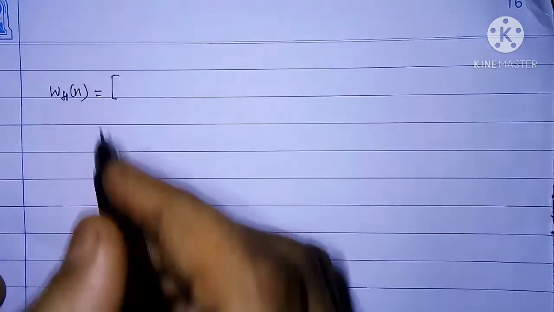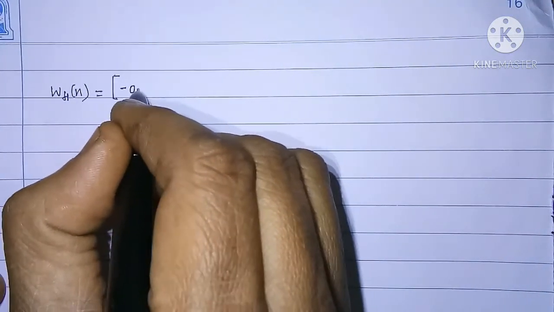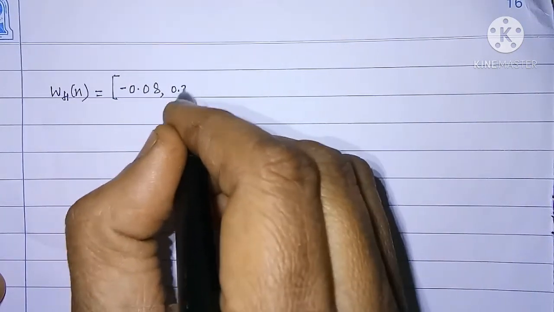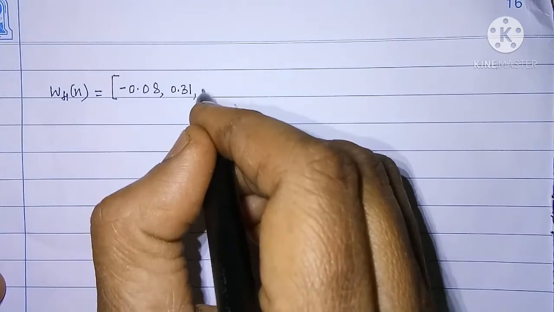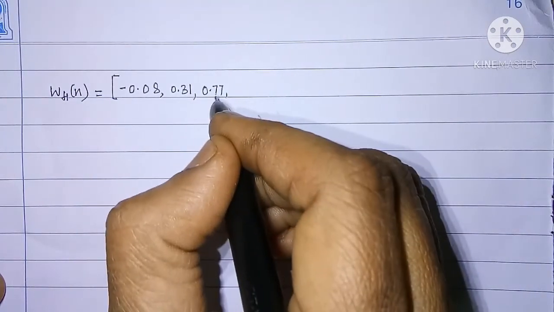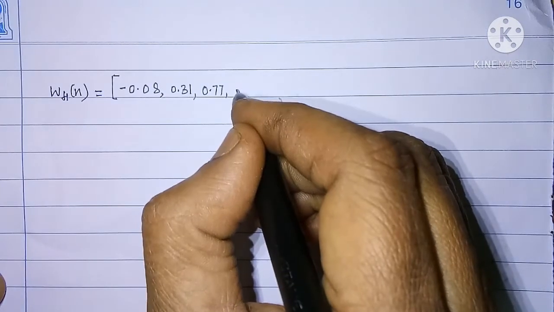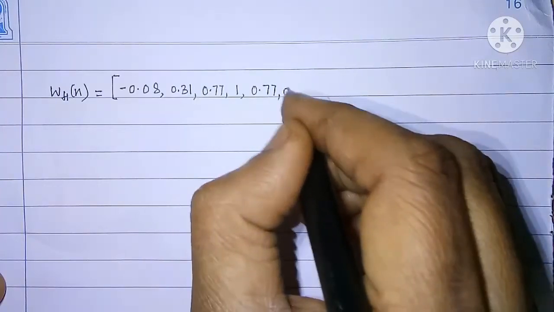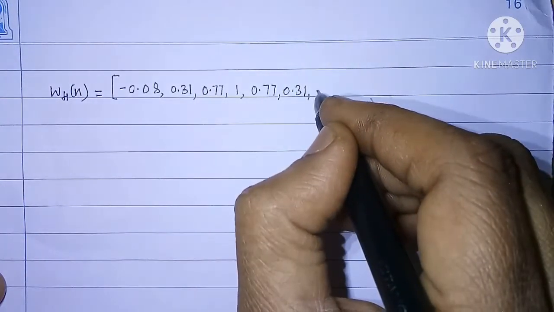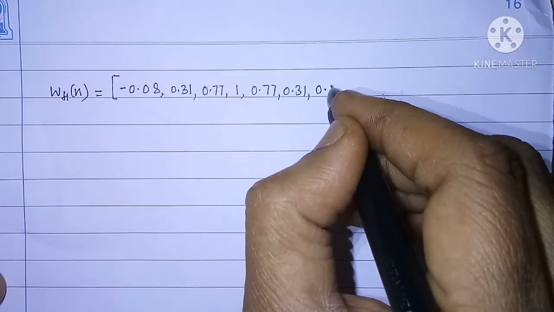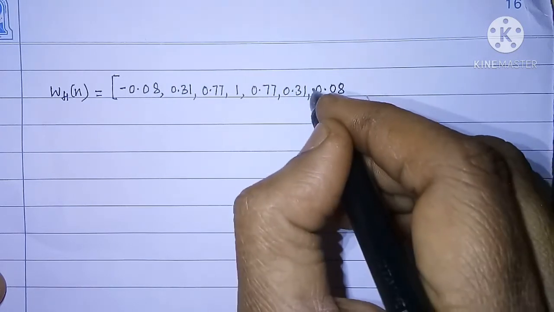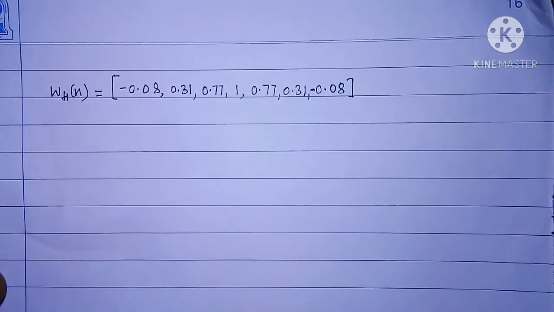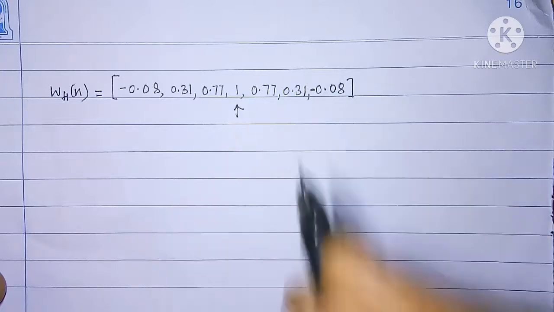WH of n is minus 0.08, 0.31, 0.77, and then 1, 0.77, 0.31, 0.08 with minus sign, and its 0 is now here.